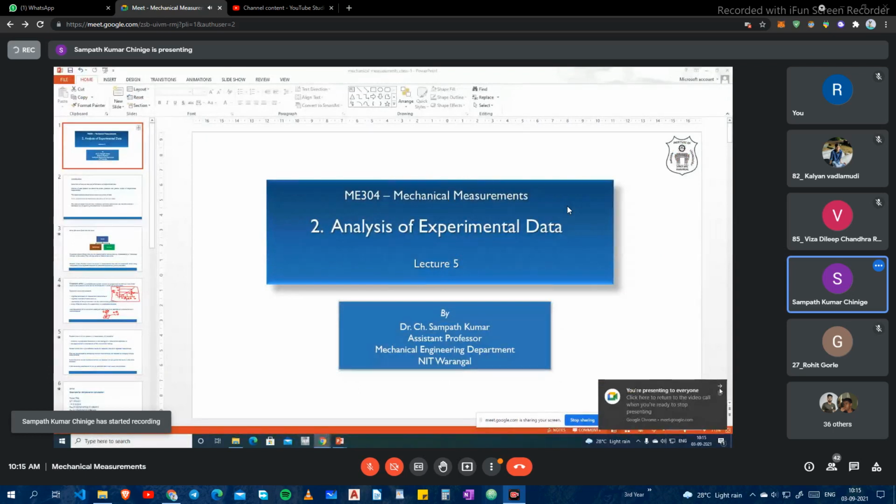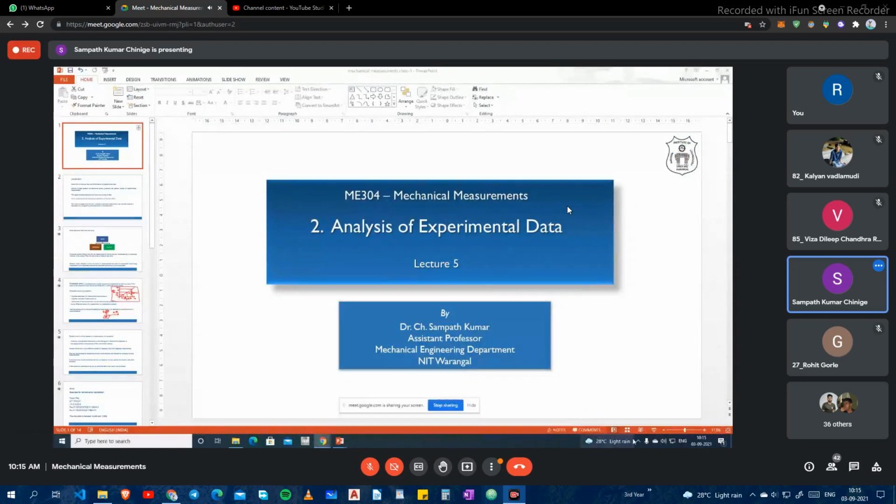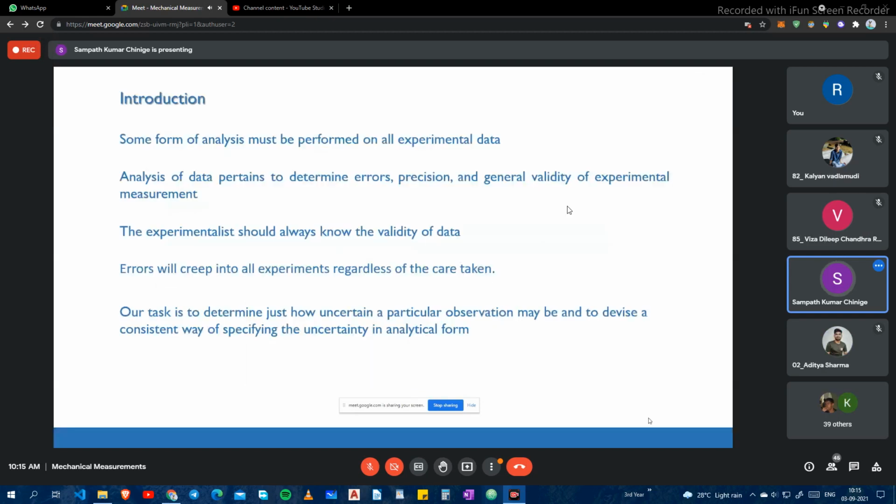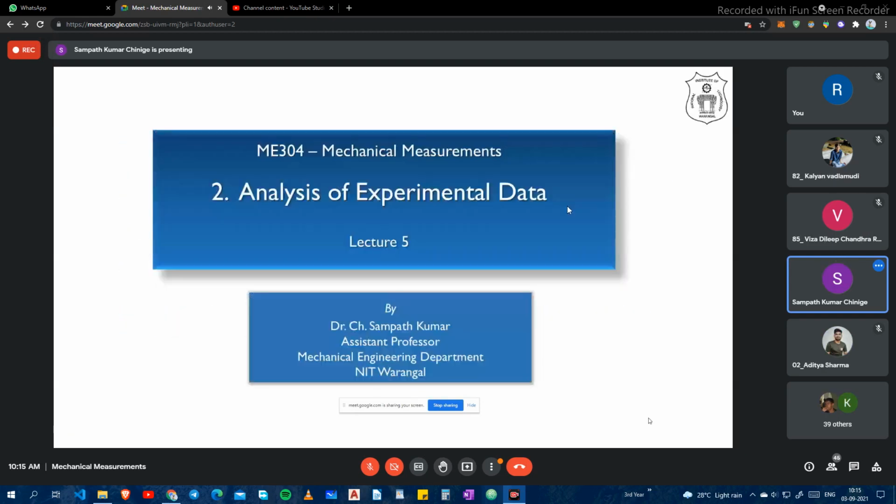Very good morning, students. Today the topic that we want to discuss is analysis of experimental data. So far, what we have seen is a basic understanding of the terminology that we generally utilize in measurements. Then the basic elements, how we study them, all of that we studied in the previous class.